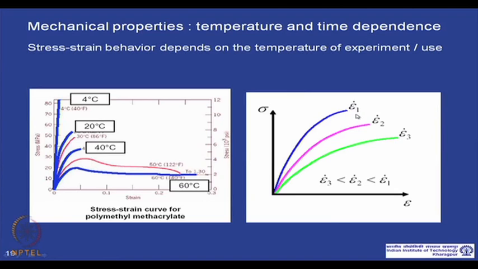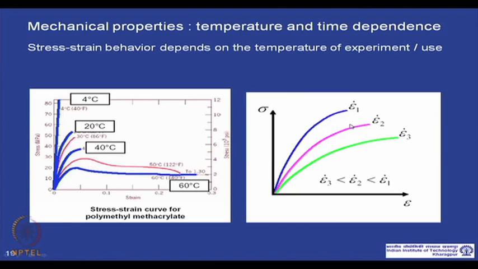If the strain rate is higher, it will become hard and brittle, and if you do the deformation at a slow pace, then it will become more soft and ductile or tough in nature.